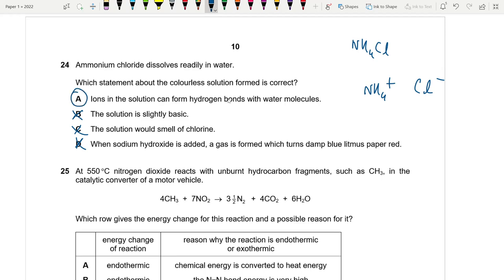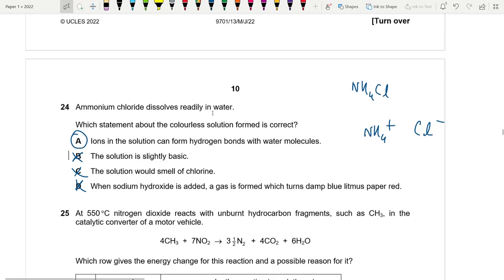Ions in the solution can form hydrogen bonds with water molecules. Basically, when ammonium chloride dissolves in water, we get chloride and ammonium ions. Ammonium doesn't have a lone pair, okay? But here's the thing. When you dissolve ammonia in water, what happens?